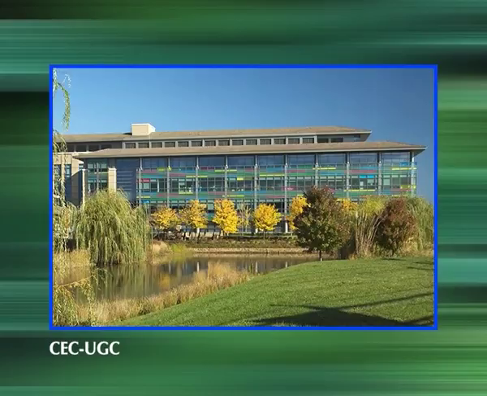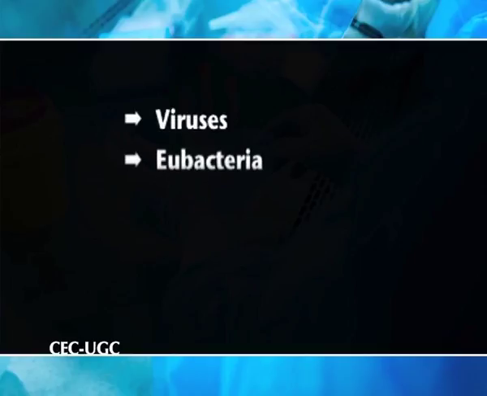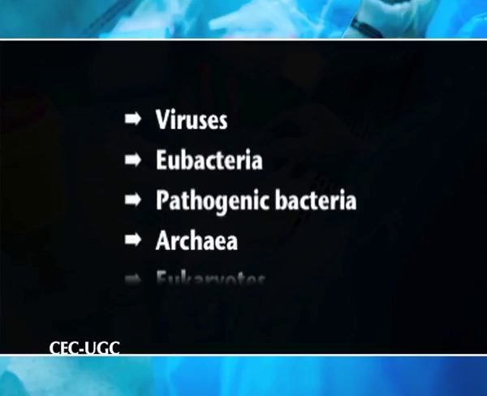The Institute for Genomic Research is a non-profit research organization with interests in structural, functional, and comparative analysis of genomes and gene products. The range of organisms covered includes viruses, eubacteria, pathogenic bacteria, archaea, and eukaryotes, both flora and fauna.